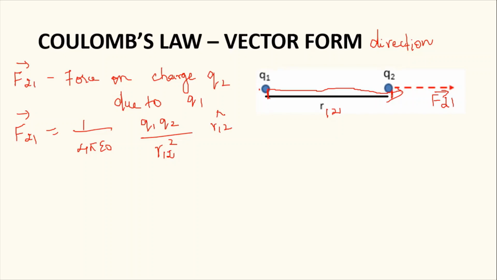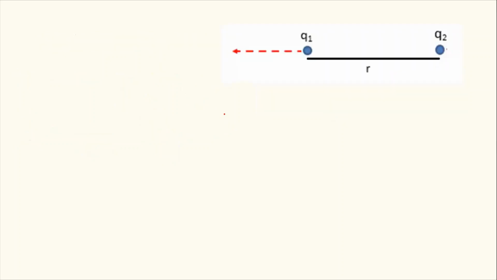Now we will calculate the force exerted on charge Q1 by Q2. This can be given as the F12 vector, the force on charge Q1 by Q2.